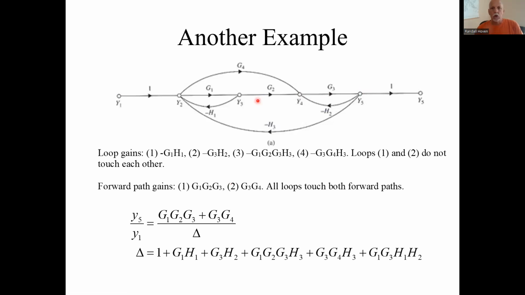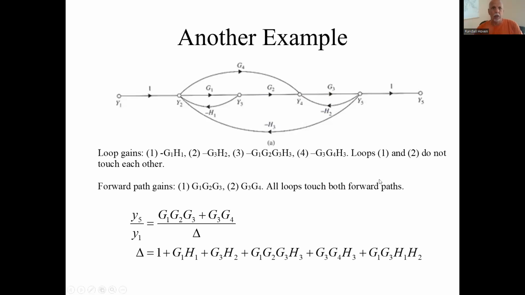So what's the overall delta? It's 1 minus the 4 individual loops, and they all have minuses in them. So when you minus them, they become pluses. So there we are, 1, 2, 3, 4. They're just 4 individual loop gains. And then we had 1 pair of 2 loops that didn't touch.